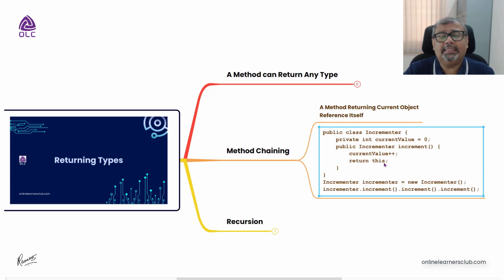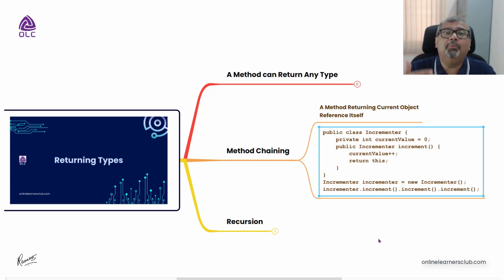We all know this is the current object reference itself. It just passes the reference of the current object, and you have a reference to the current object as well. With this, we can bring in another interesting concept called method chaining. You could see here incrementer.increment().increment().increment().